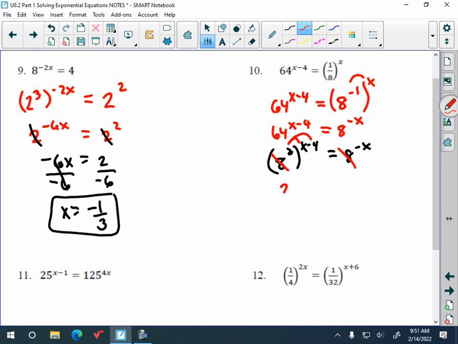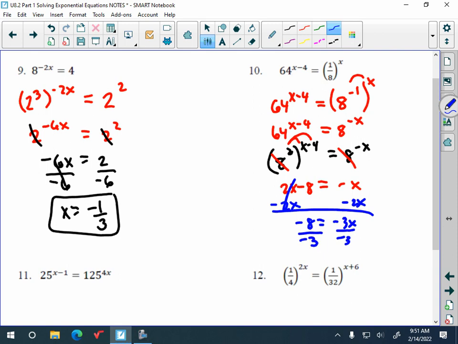Okay, so it's 2x minus 8 equals negative x. All right, so subtract 2x. All right, so we're going to leave it as positive 8/3.